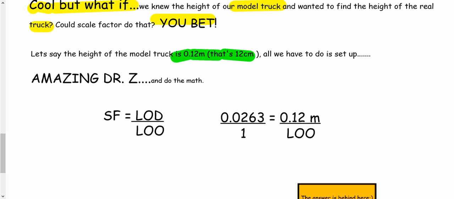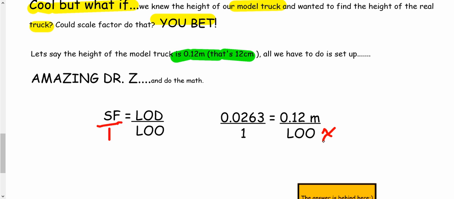Amazing Dr. Z. So we set up our formula, which is scale factor is LOD over LU, and we can always put scale factor over 1 because any number can be written over 1 unless it's a really stupid repeating decimal. Okay? Now, remember, Amazing Dr. Z always starts from the thing you want to find out.